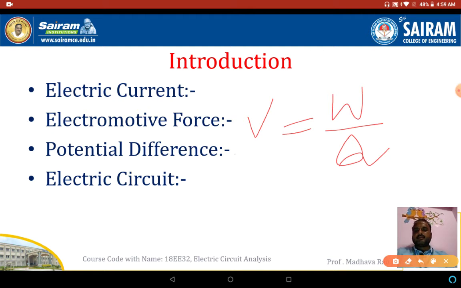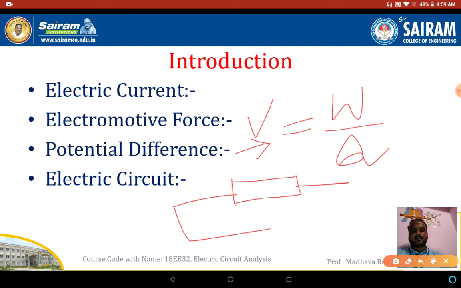Potential difference means the difference between the voltages at two ends of the conductor. Example: this is a conductor, and here we are connecting the supply voltage V. This is the positive terminal and this is the negative terminal.